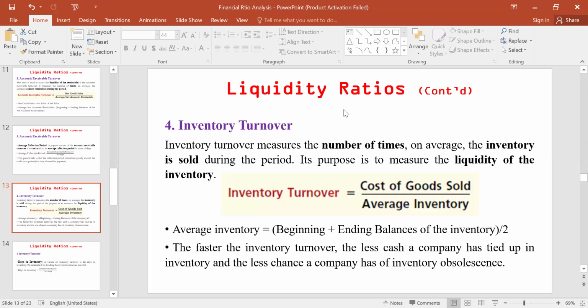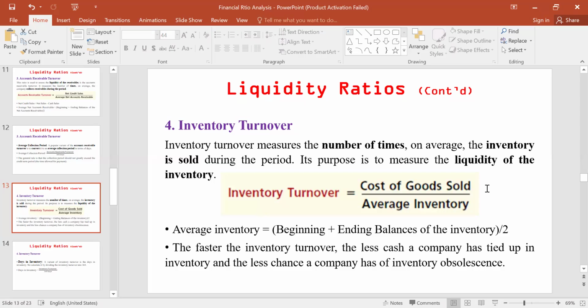There is a simple formula for this tool. Inventory turnover is equal to cost of goods sold divided by average inventory. Average inventory means beginning inventory plus ending inventory divided by 2. Cost of goods sold means the total cost of the goods before the final sale of the inventory.